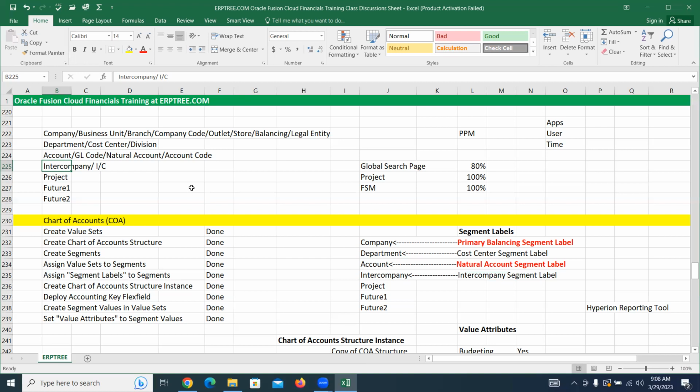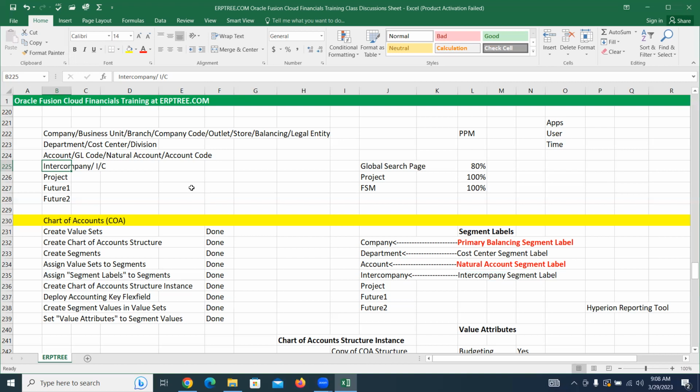You may set a secure rule as per the company values requirement. The same values we need for intercompany. If you are going to use the same value set for the intercompany segment, the same rules will be applicable for this, which you may not require. That is the reason we should create a separate value set for intercompany in Fusion.